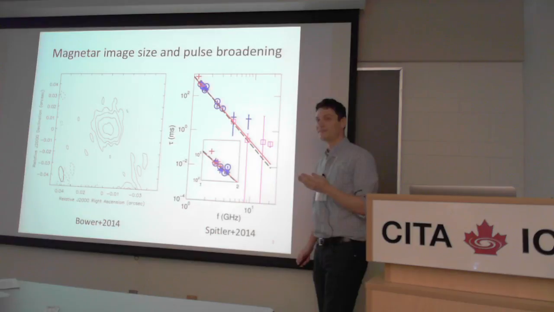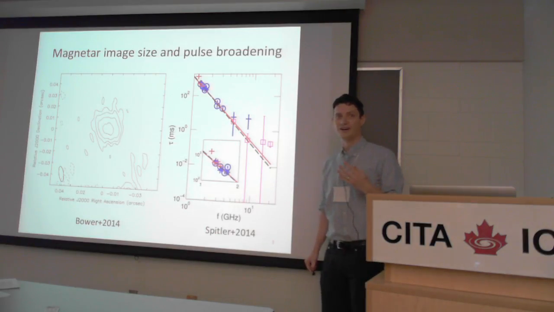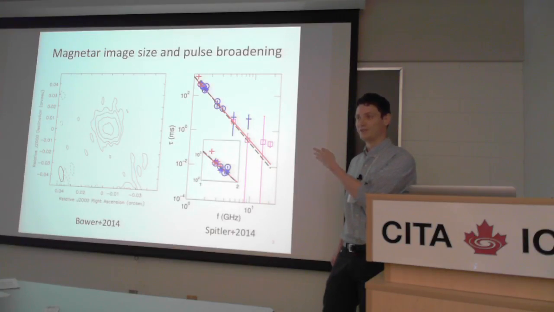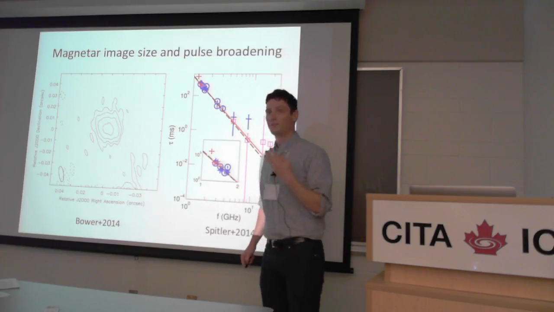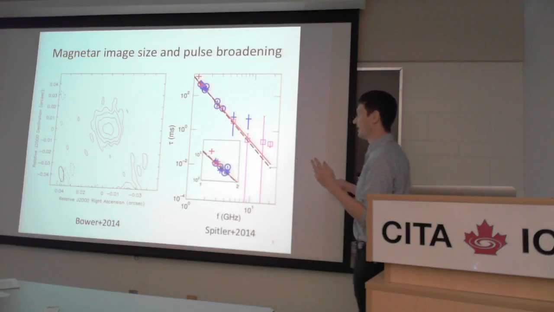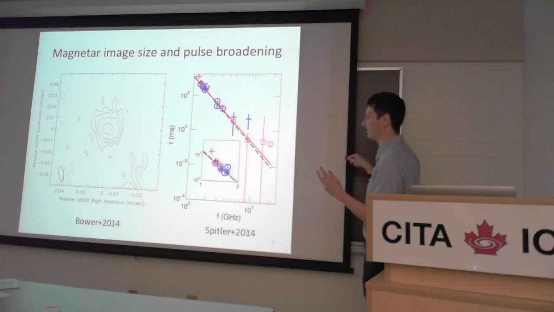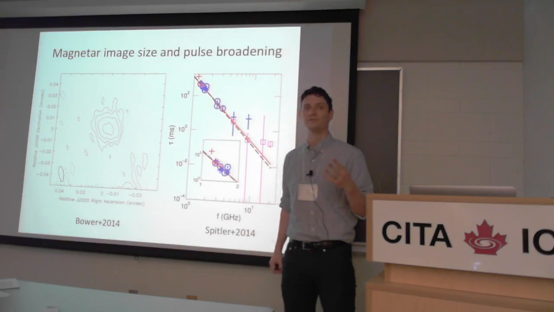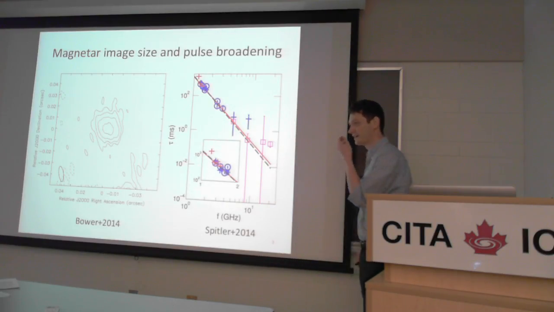It would have been a very safe bet to say you should not detect pulsed radio emission from this object. Even if it was there, which is very rare for magnetars, you would expect it to be completely wiped out by scattering. Instead, nice pulses were seen at normal radio frequencies with a temporal scattering time of more like 1 second at 1 gigahertz, factors of hundreds or 1,000 below what was previously expected.